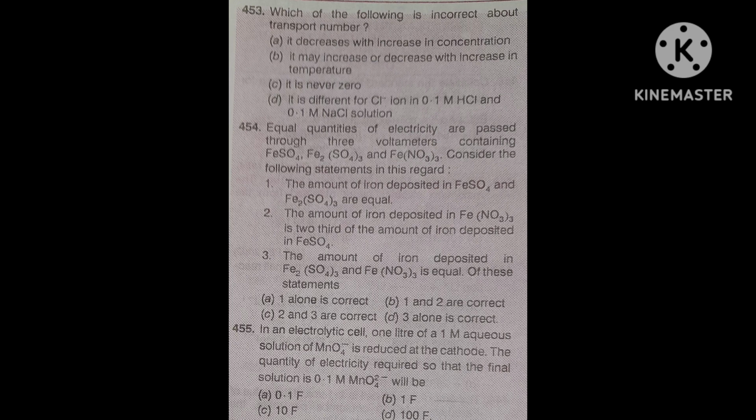The first option, it decreases with increase in concentration, that is correct. It may increase or decrease with increase in temperature, that is also correct. And the last option, it is different for chloride ions in 0.1 M HCl and 0.1 M NaCl solution, that is also correct.